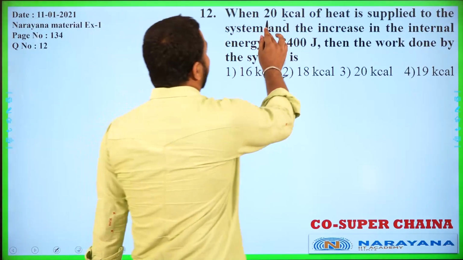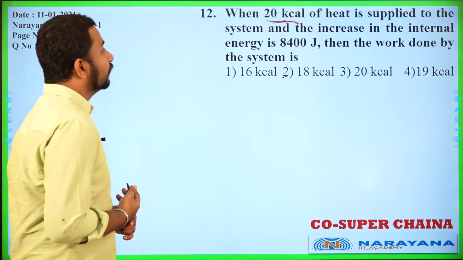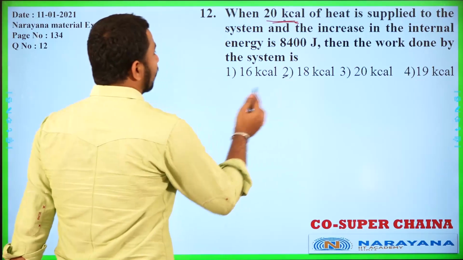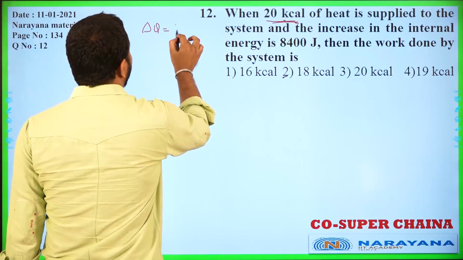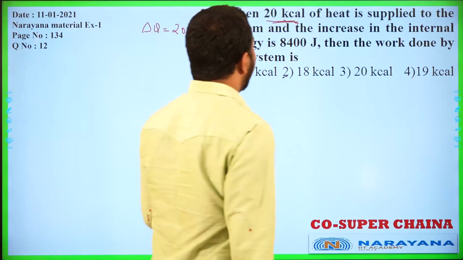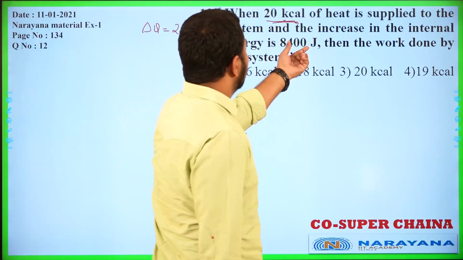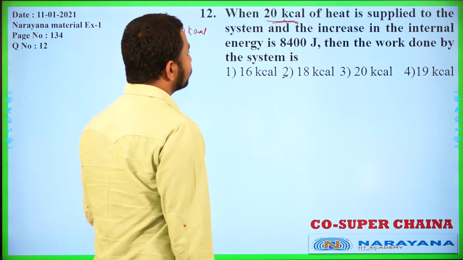Here, student, when 20 kilocalorie of heat is supplied to a system, first delta Q is given as 20 kilocalorie. You have to convert this kilocalorie into joule, because the other value is given in joule.